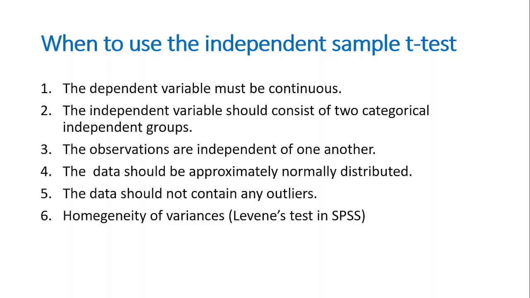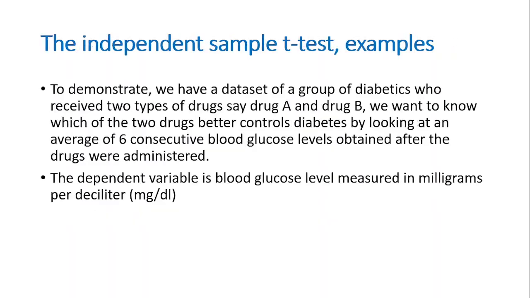The data should be approximately normally distributed. 5. The data should not contain any outliers. And 6. There should be homogeneity of variances. We will see this in the Levene's test in SPSS.